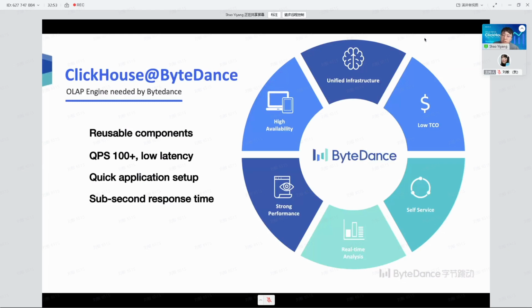We want to achieve a QPS of 100 plus, with low latency. We also want quick application setup that is easy to administrate, and sub-second response time. We want a real-time analytic engine, and we don't want any pre-computation. We want all the data to be real-time data.